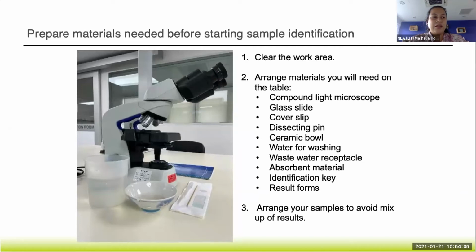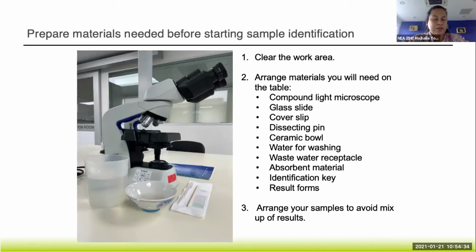All right, if you're dealing with samples that are larvae from the field, you have to prepare materials before you start your identification process. Make sure that you have a clear work area, and then from this picture, we always arrange our materials before we start. So we usually have this compound light microscope. We have glass slides. We have cover slips, dissecting pin, the ceramic bowl.